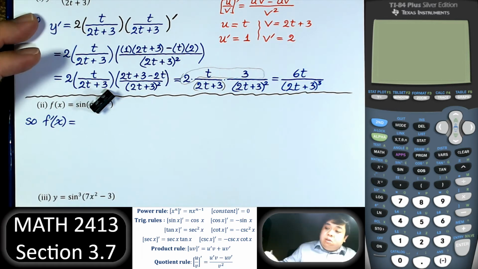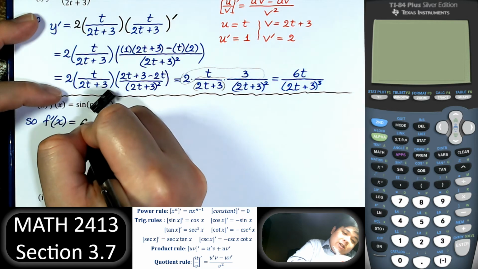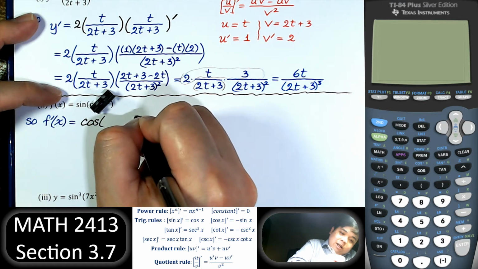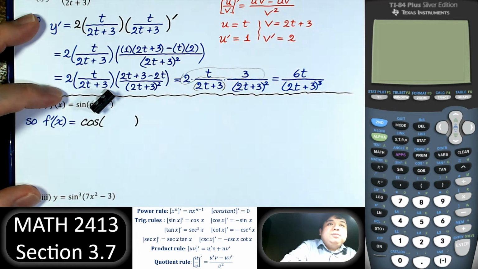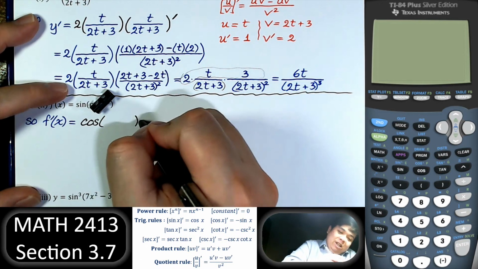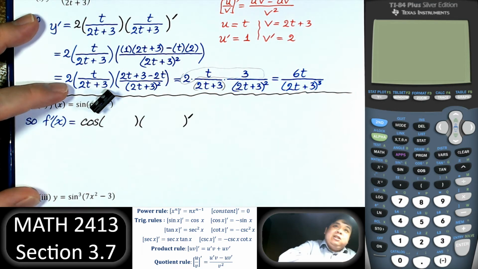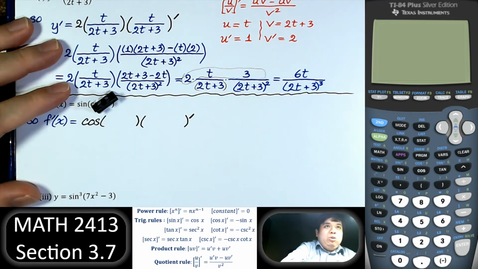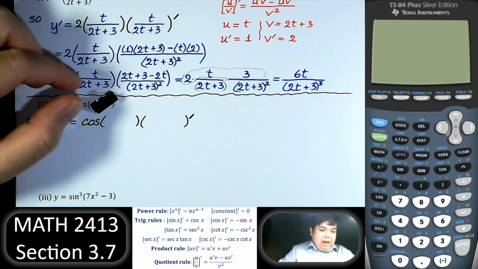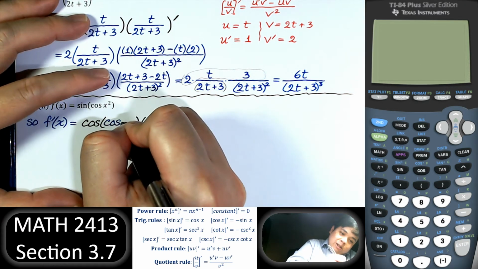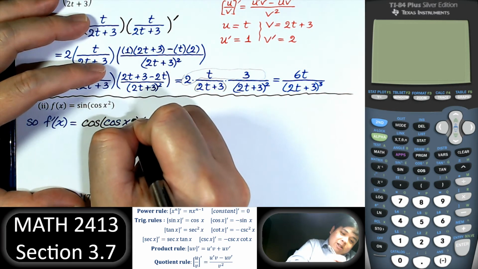Derivative of sine of something is cosine of something. Doesn't matter what's inside, but the chain rule says multiply by the derivative of that. That's what we start with. Now inside is cosine of x squared.